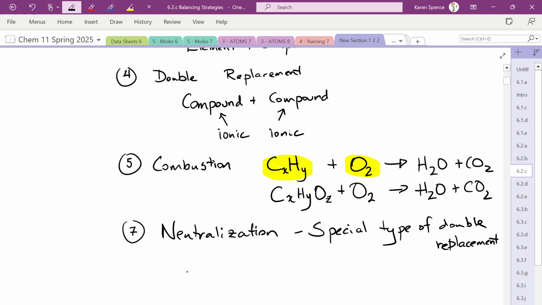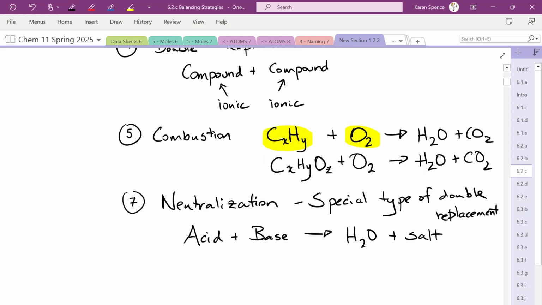We have an acid and we have a base. What do we get in the product? We get water and a salt. And do you guys know what a salt is? It's just an ionic compound. Okay, that's all a salt is, just an ionic compound that's not an acid or a base.